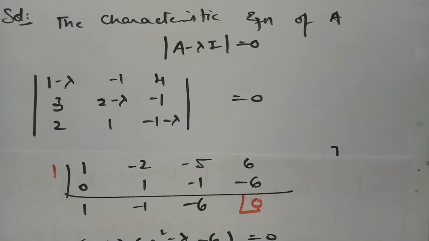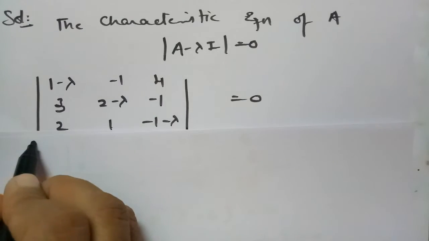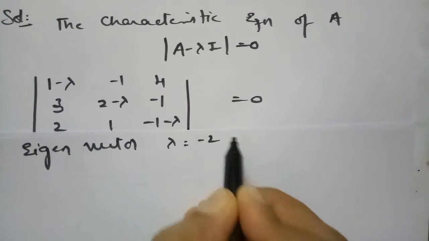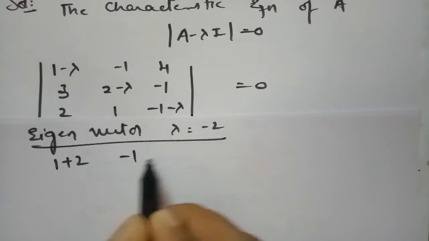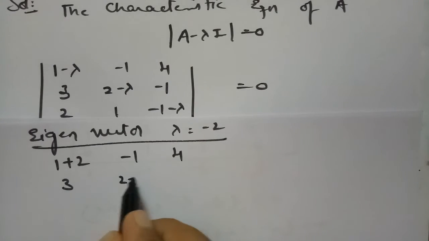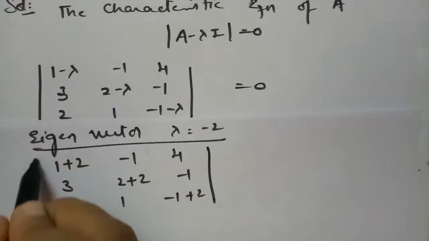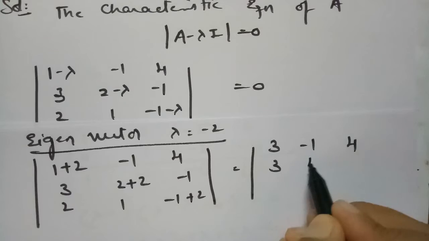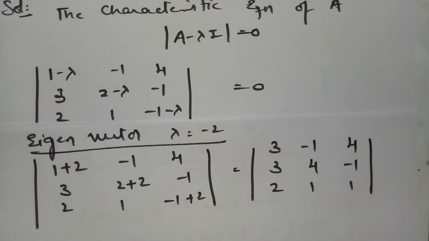So the eigenvector related to lambda is equal to minus 2: if I keep minus 2 here, this will be minus 1, 4, 2, minus 1, 2, 1, and 3, minus 1, 4, 3, 4, minus 1, so this will be 2, 1 and 1.